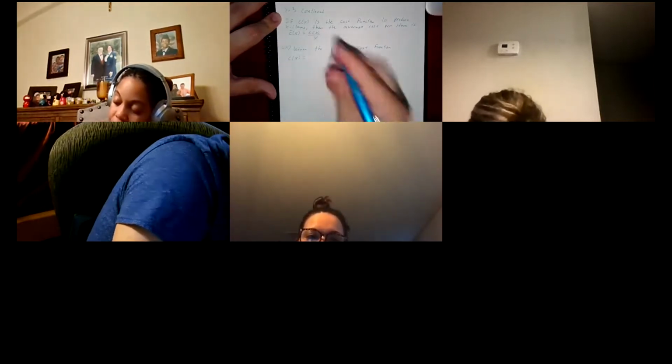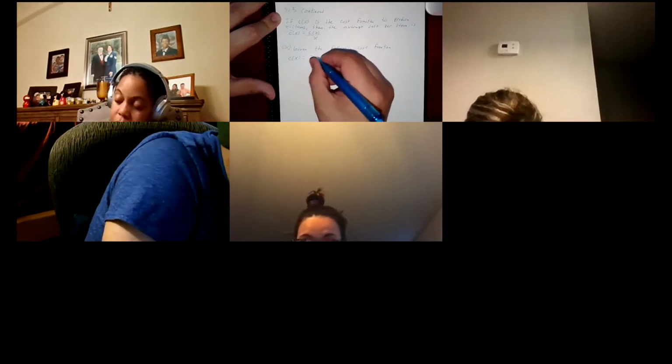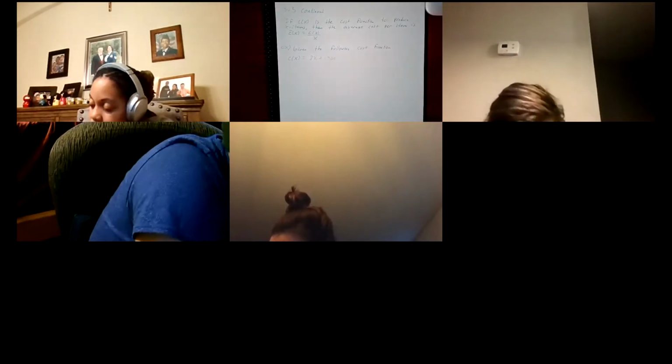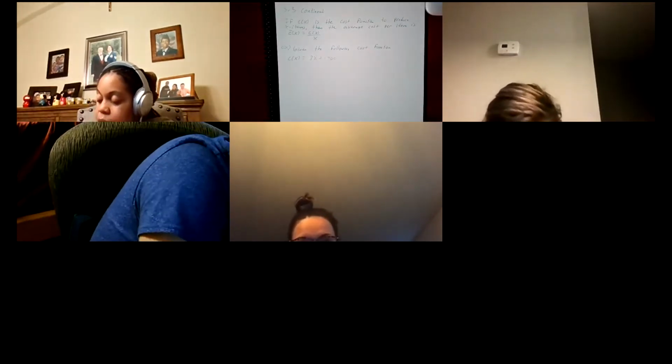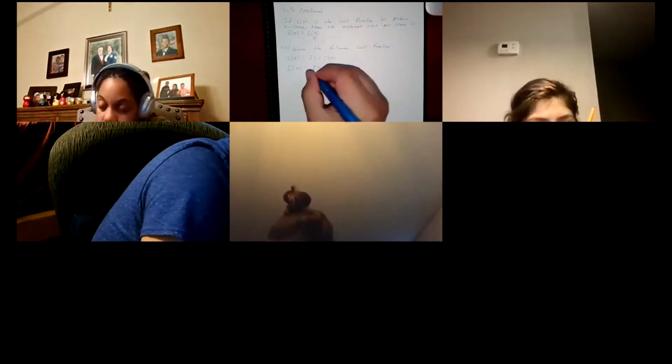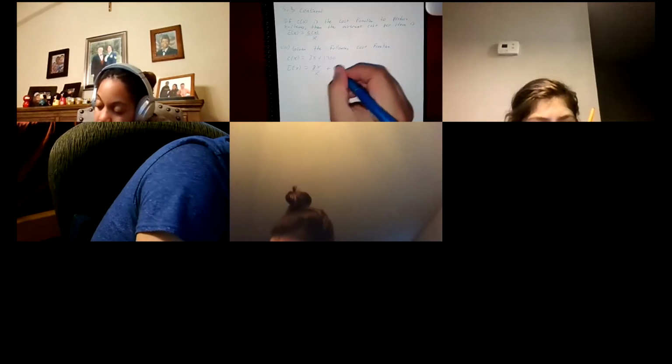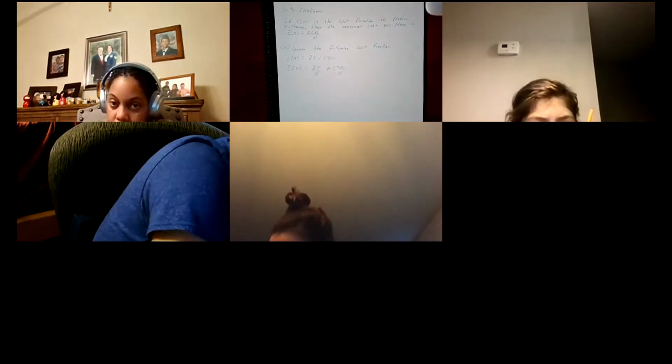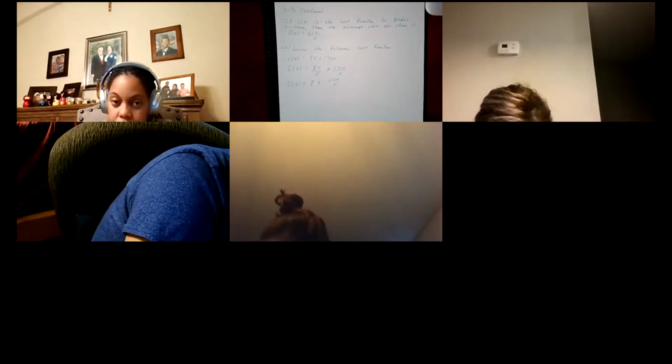Let's do this one: 8x plus 1700. So they'll give you the function, and all you have to do is divide by x. So the C bar that they want means you divide every term by x, and that's it. So C bar would equal, these x's would cancel, that would give you 8 plus 1700 over x. So that is the average cost function.